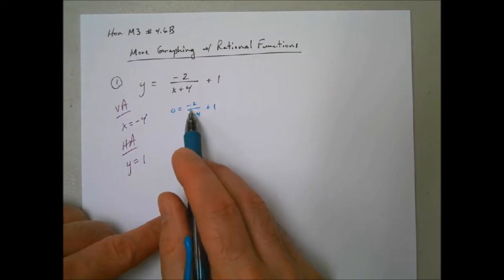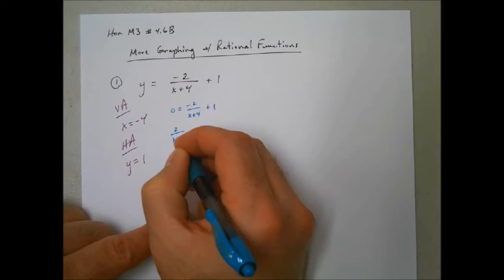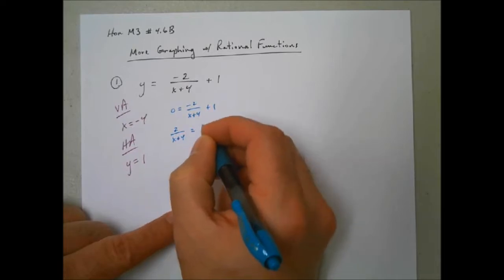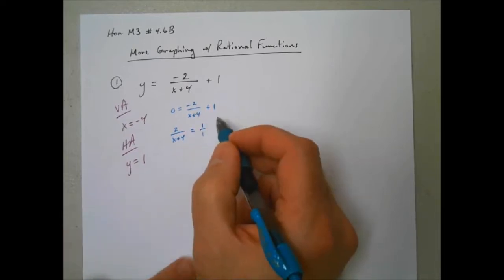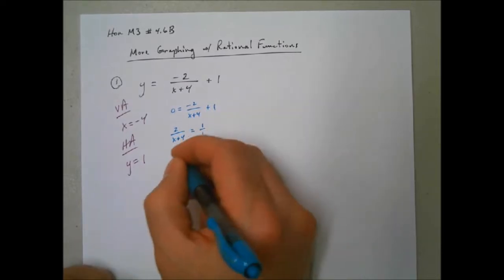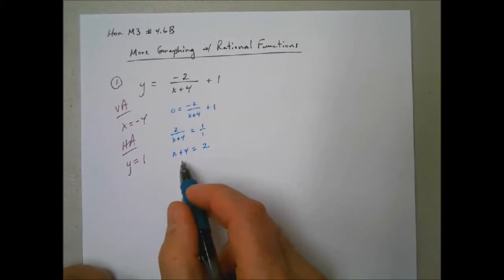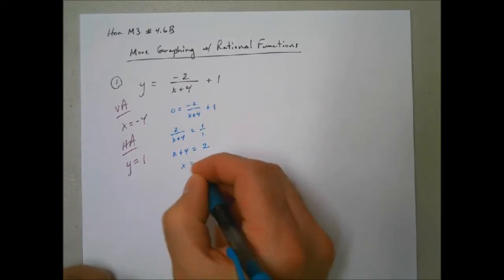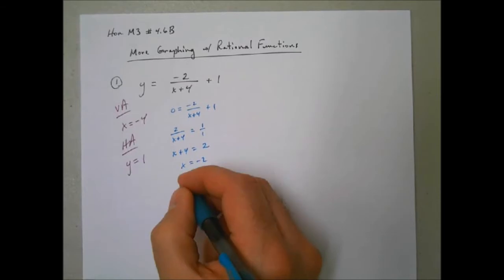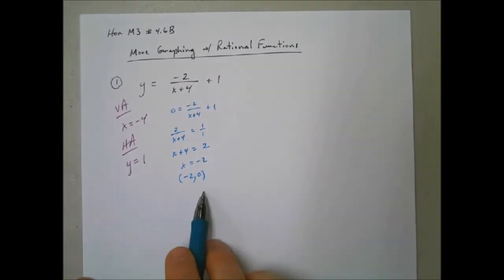So let's see, if the fraction is negative, I'll move it to the other side. So 2 over x plus 4 equals 1 over 1. I can cross multiply. So I get x plus 4 equals 2. And we get x equals -2. In other words, -2, 0.